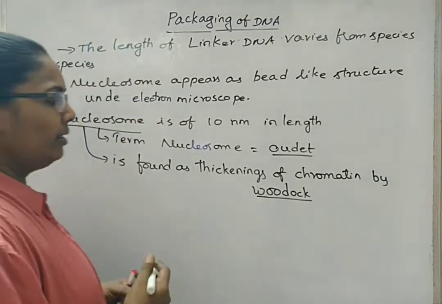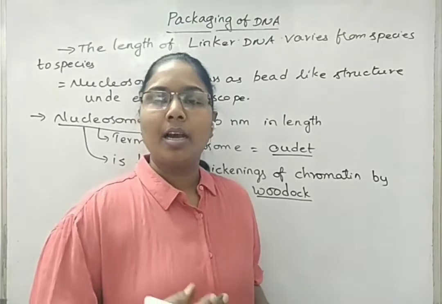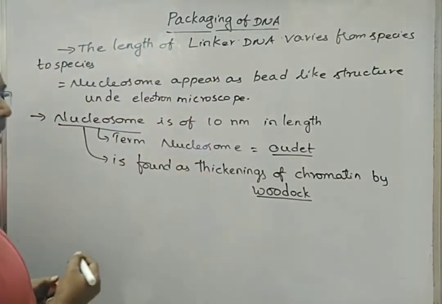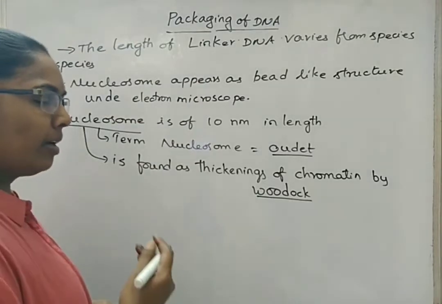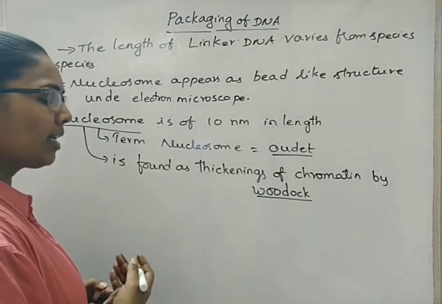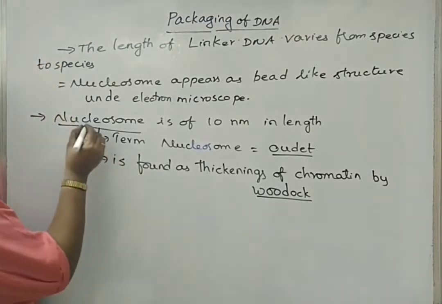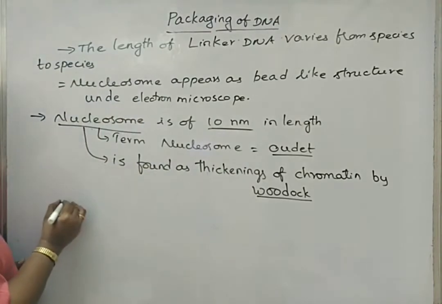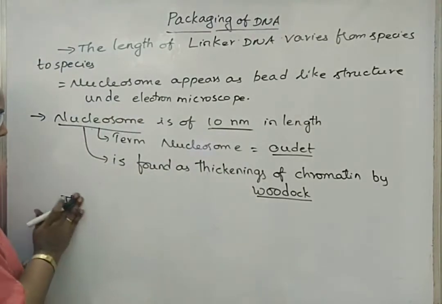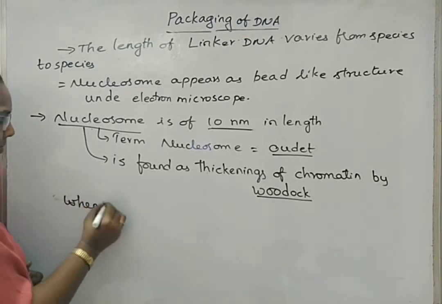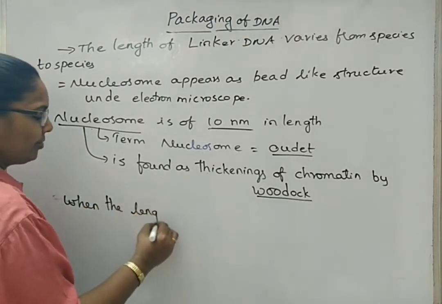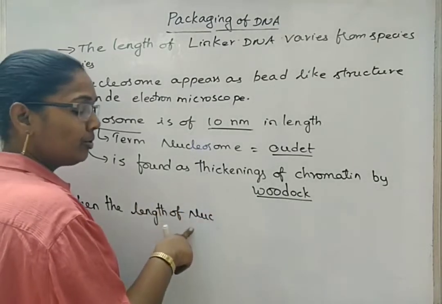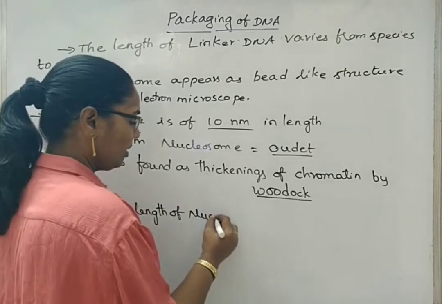Now, when many nucleosomes are present side by side and their length has reached 30 nanometers, the same beads or nucleosomes are given another term, that is solenoid. Here we have written the length of nucleosome is 10 nanometers. I am writing here about nucleosomes, not one single nucleosome.